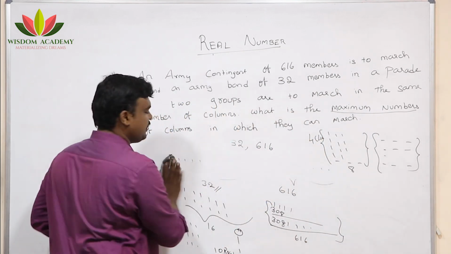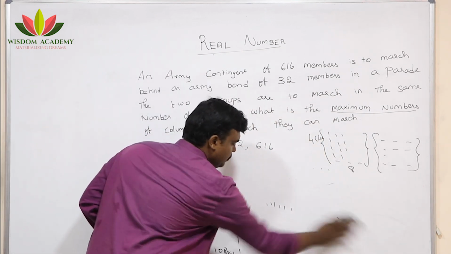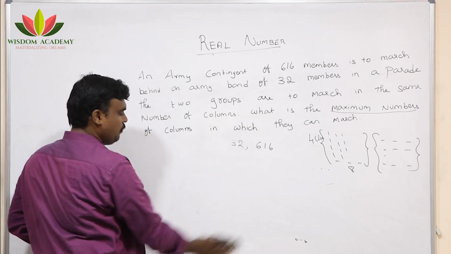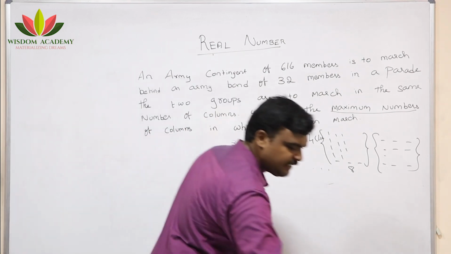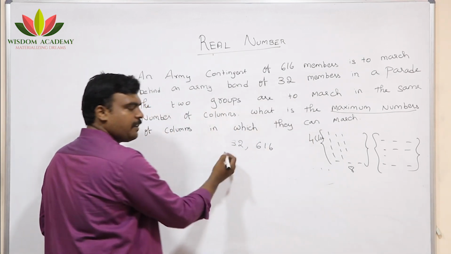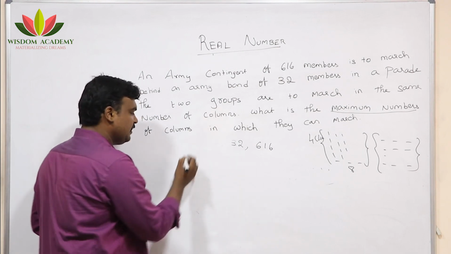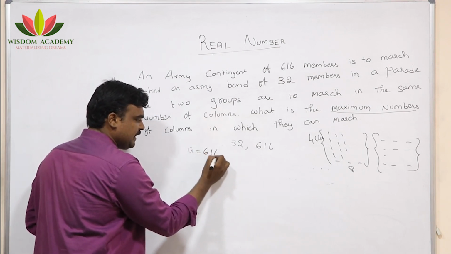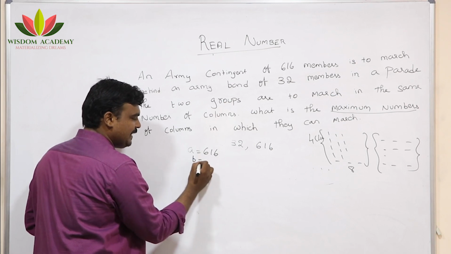To apply Euclid's division lemma, we want to do the steps. Hope you remember that. Step 1 is, we choose the greater of the 2 numbers. That one we take as A. So A will be 616 and B will be 32.